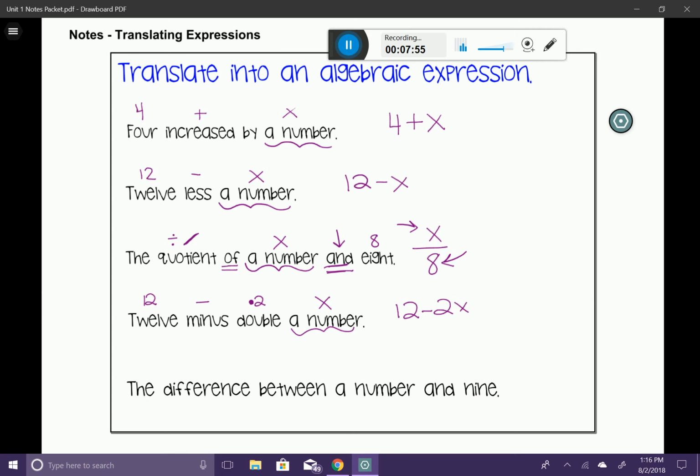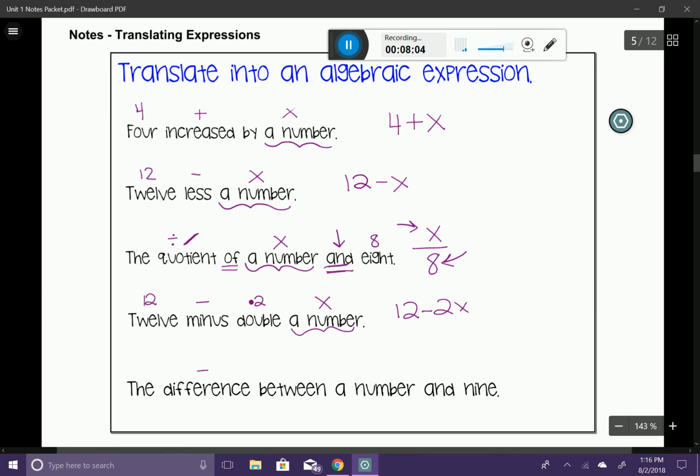All right, let's look at the last one we have here. The difference between a number and 9. Difference is going to be subtraction. And sometimes you'll see the word difference with the word between. Difference between, they kind of just go together. So difference between is subtraction.